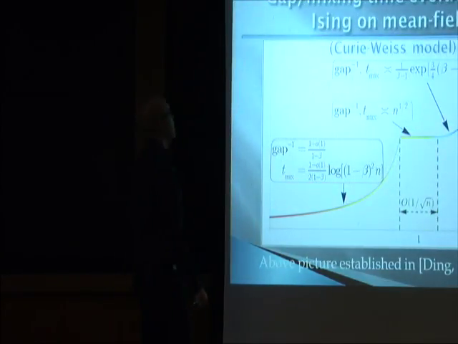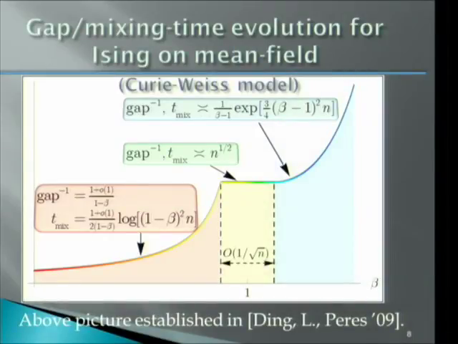OK. And this picture illustrates the previous slide for the mean field setting. Mean field, so the complete graph. We have all the bonds in our graph. This is called the Curie-Weiss model. The colors aren't exactly the way they appear on my screen, but let's think of this as being red. So this is the high temperature regime.